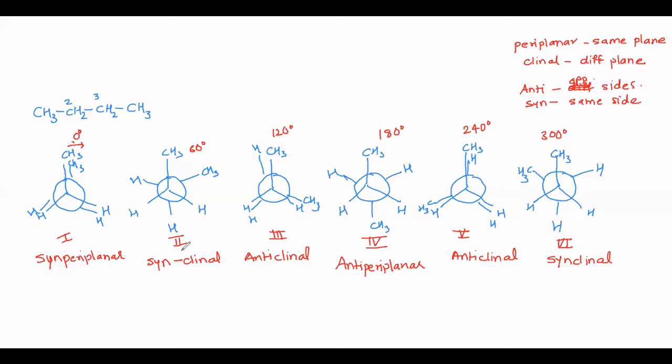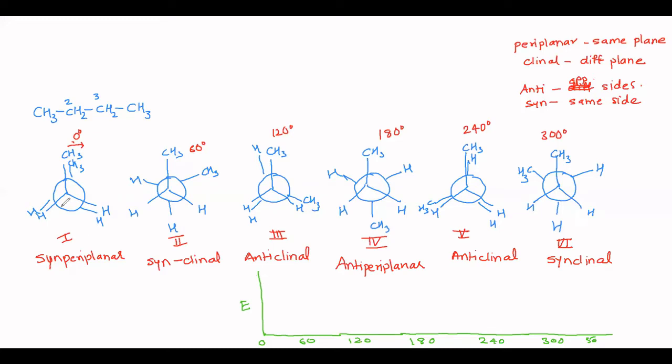Okay, so when you draw the energy profile diagram for this, remember, this is presenting the dihedral angles 0°, 60, 120, 180, 240, 300, and finally we'll come across 360.